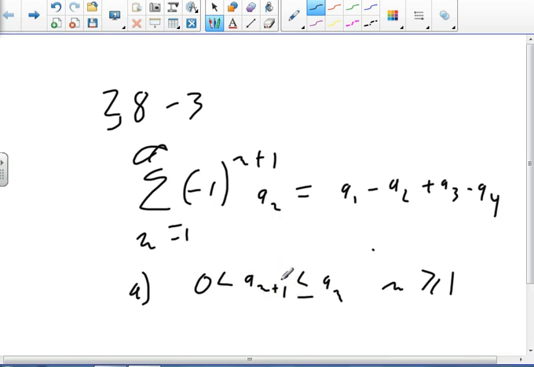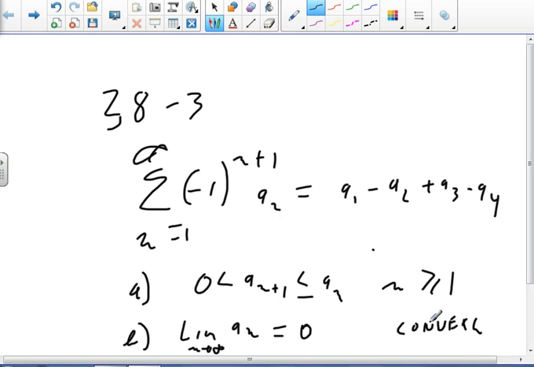But if it's not smaller, if it's getting bigger, then this is going to diverge. We also need another condition, and that's the limit of a_n as n goes to infinity has to be 0. So as long as this guy's getting smaller than the guy before, or the same as the guy before, and as I go to infinity it goes to 0, then this series is in fact going to converge.